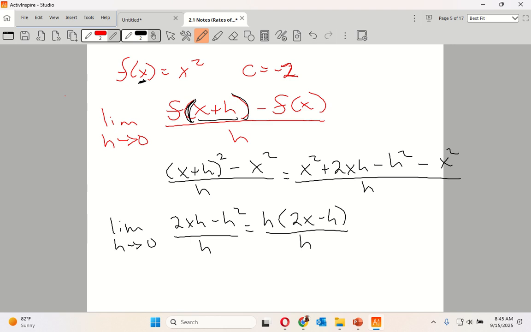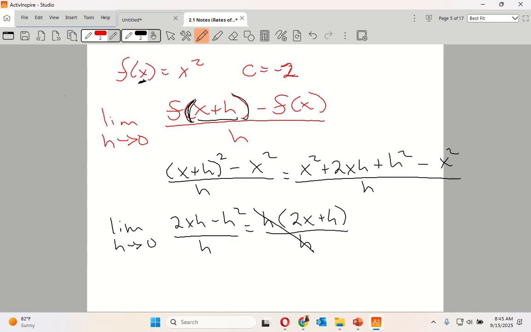This is correct. Wait, how did you get the minus h squared? Oh, I'm sorry. It should be plus h squared. Thank you. Yeah, the h's cancel now. That is not the math sin.